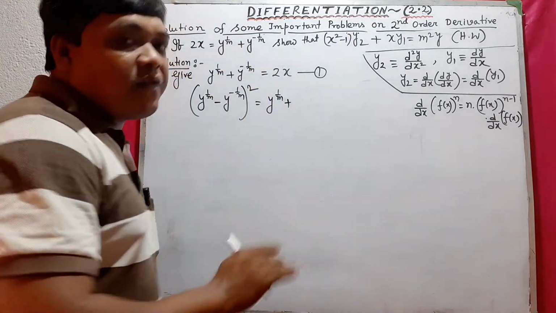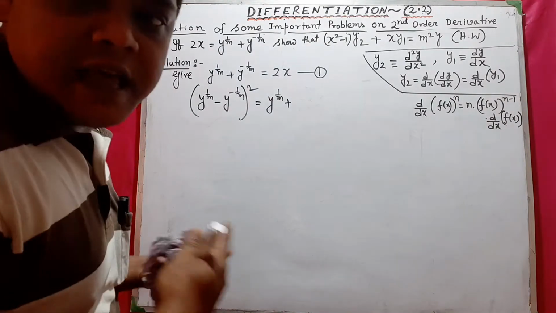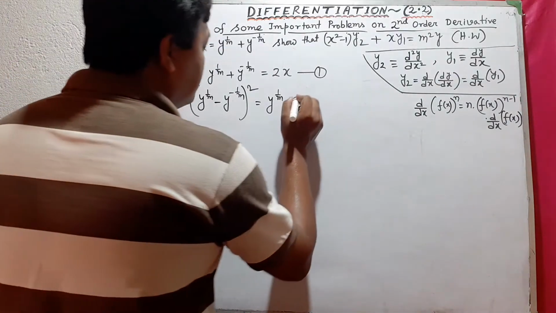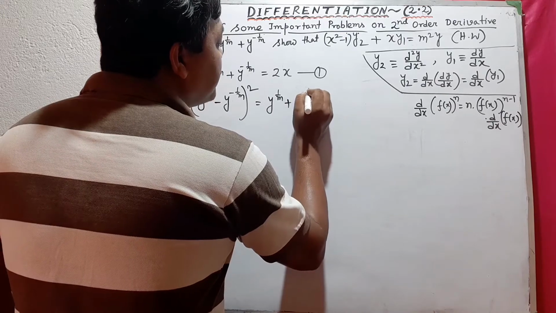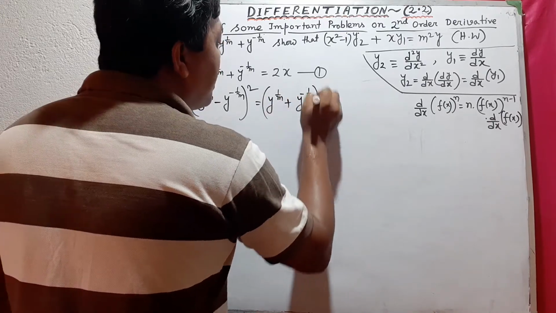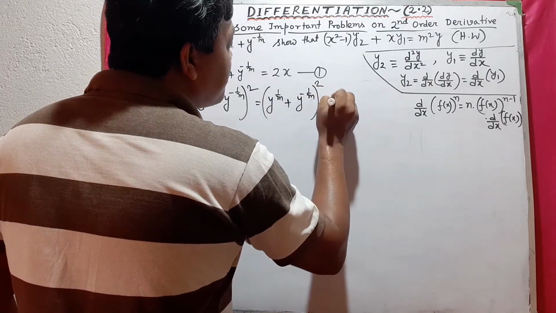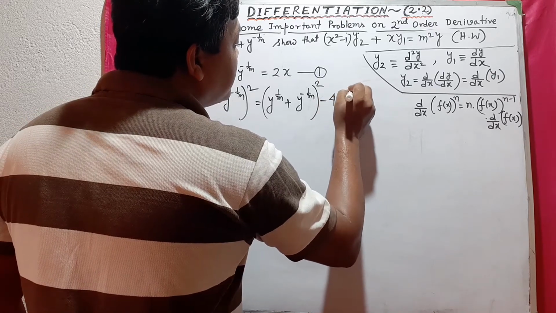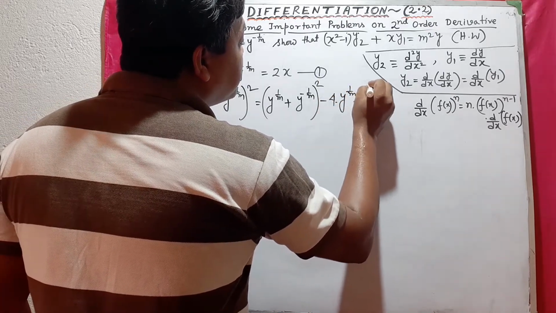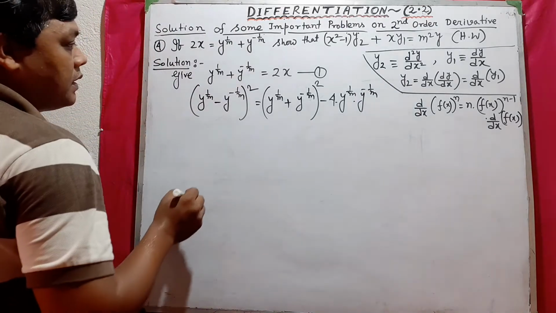this equation is the implicit form. First I can see if I can break the implicit form into y equal to function of x. y to the power minus 1 by m whole square minus 4 into y to the power 1 by m into y to the power minus 1 by m. So what is this?